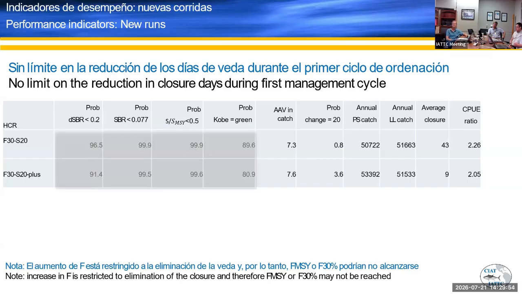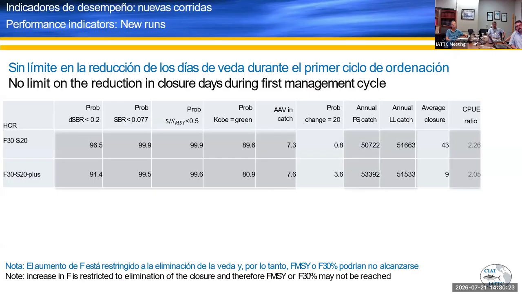Again, it's pretty safe, and we're in the green part of the Kobe plot a lot of the time, depending on what your objectives are. But if you just want to oscillate around the targets, then 50% is kind of reasonable. This is a lot higher than 50%. These are very similar. That's similar as well.